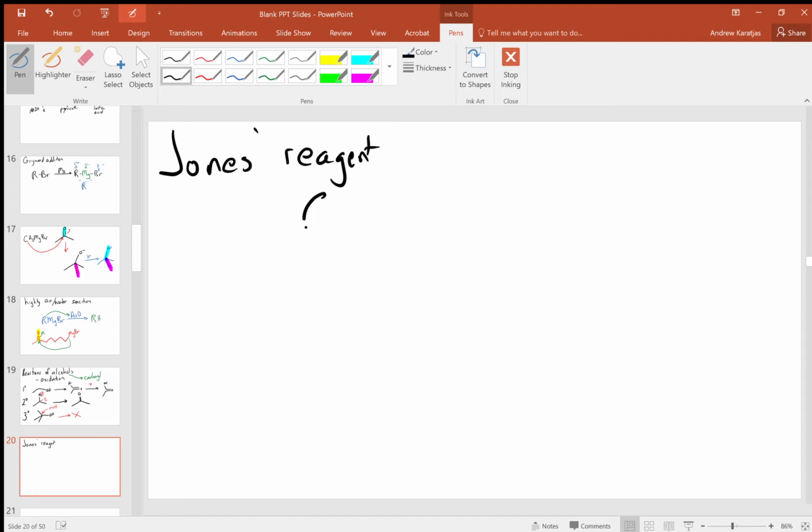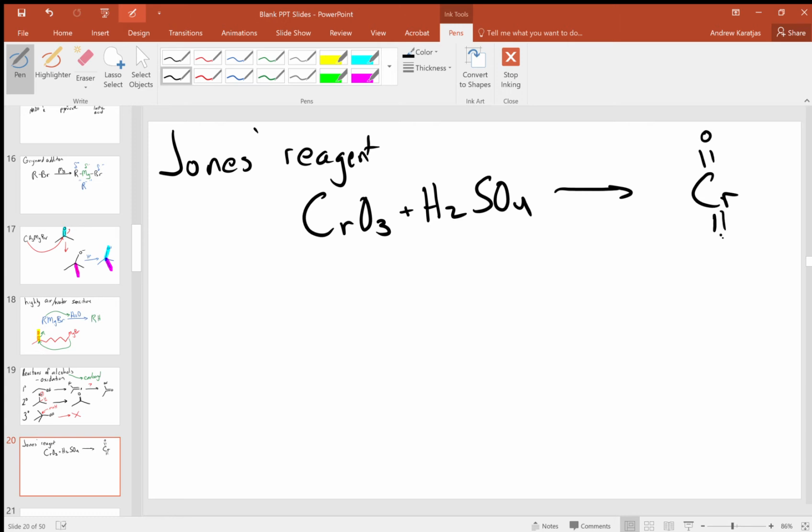Jones reagent is formed by making a mixture of chromium trioxide and sulfuric acid, and then we get what ends up being our active reagent, this species. And if we calculate the oxidation number here, we can see that we're starting with chromium 6.